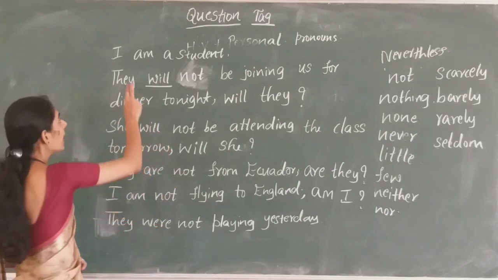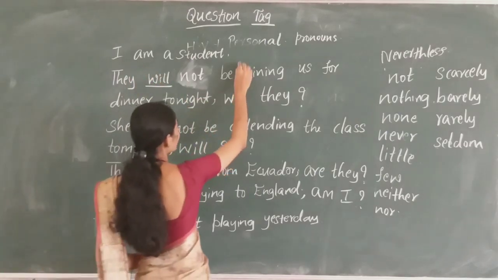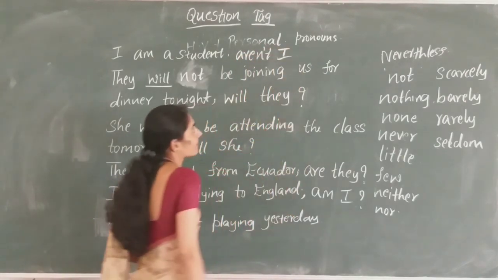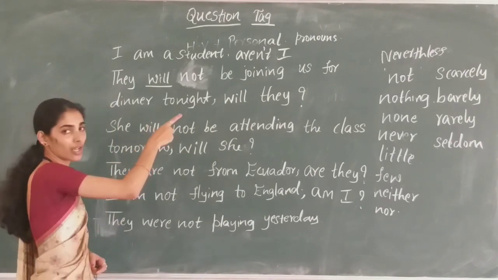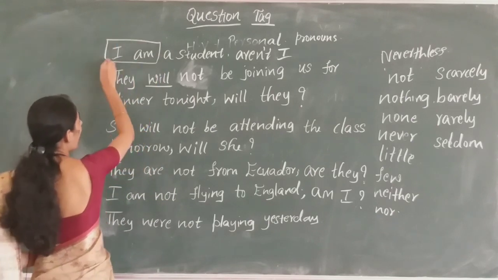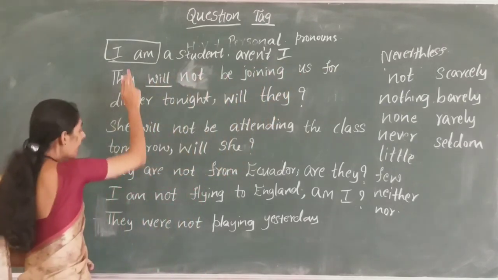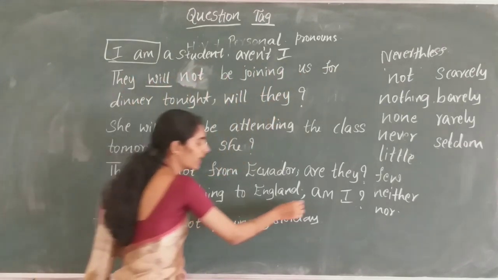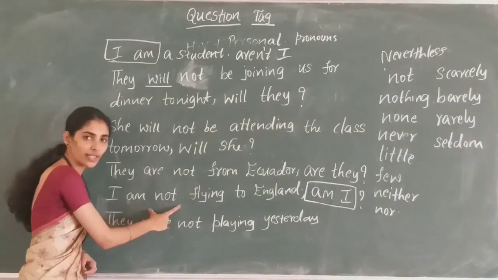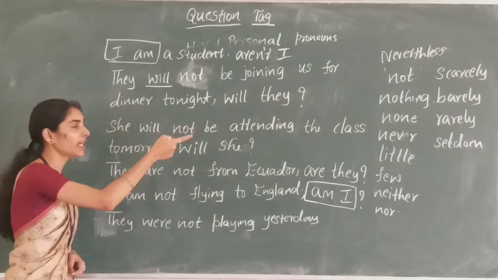If you are given I am in a sentence, which means positive sentence, then the tag becomes aren't I. Remember, this is again important for the exam. Aren't I. So in case you get I am, then the tag becomes aren't I. If it is I am not, then it becomes am I. Remember, I am not, tag must be am I. I am, then the tag must be aren't I.